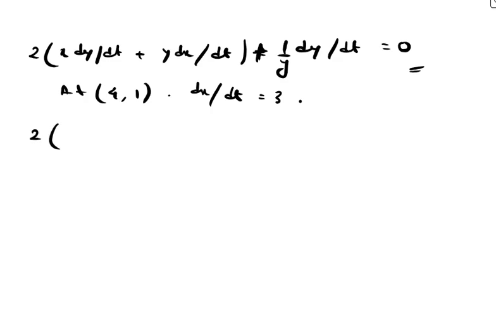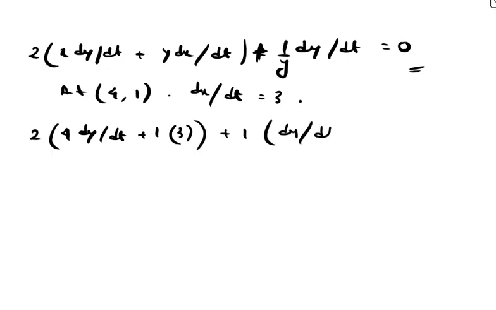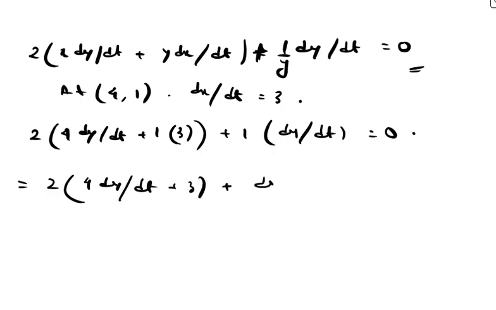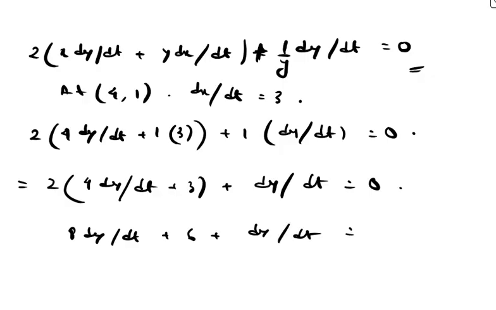So we get 2 into (4 dy/dt plus 1 into 3) plus 1 into dy/dt is equal to 0, that is 8 dy/dt plus 6 plus dy/dt is equal to 0. So 9 dy/dt plus 6 is equal to 0.